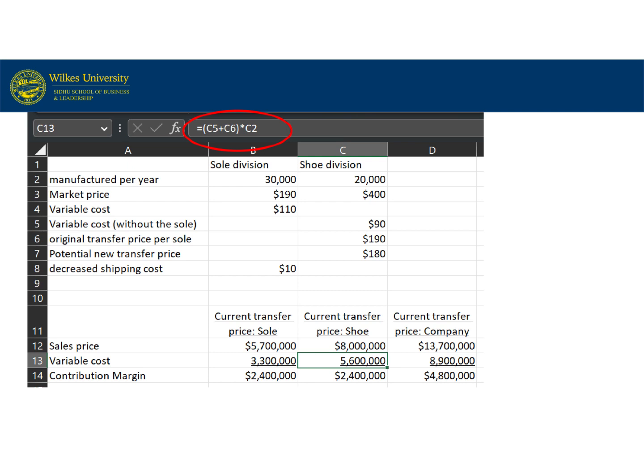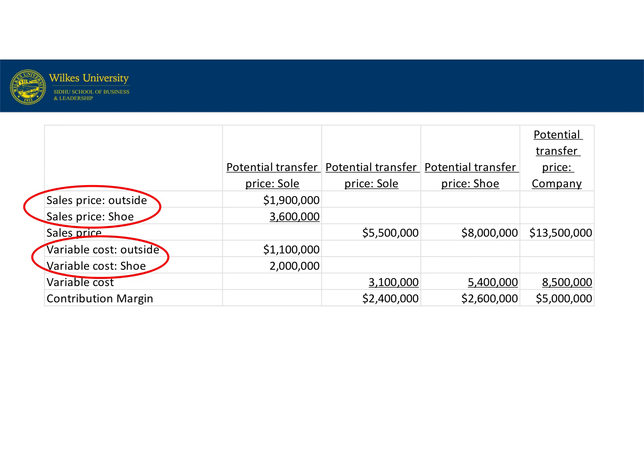Then we subtract the two to find a contribution margin for the sole division of $2.4 million. Note, the contribution margin is evenly split at $2.4 million apiece, and the company's total income is $4.8 million. Now, let's do the same thing, but implement the reduced transfer price.